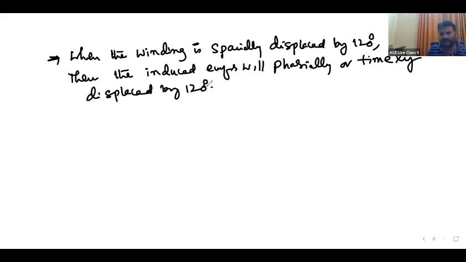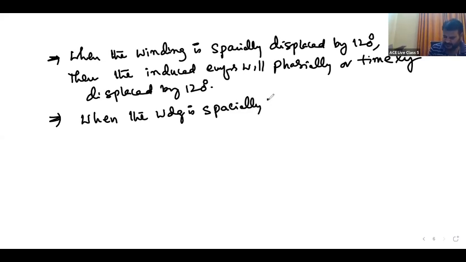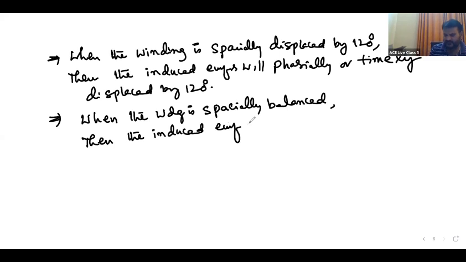If the winding is space displaced, then the induced EMF is phase or time displaced. In other words, when the winding is spatially balanced, then the induced EMF will be phase balanced.